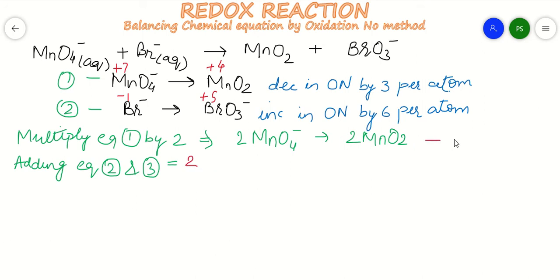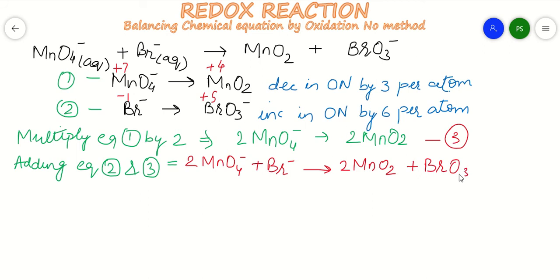On adding, I will get 2 MnO4 minus plus Br minus gives 2 MnO2 plus BrO3 minus. So now the equation is balanced in terms of oxidation states. The net charge is equal on the left hand side and right hand side.